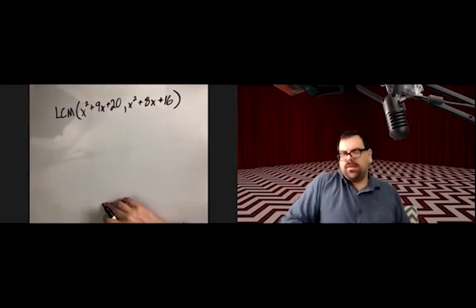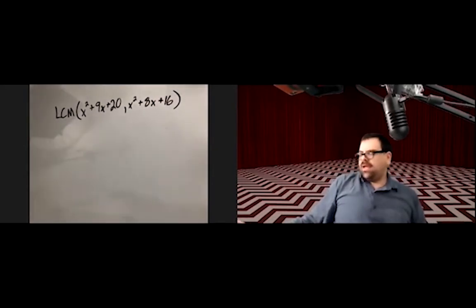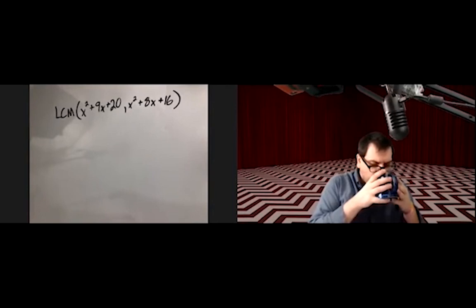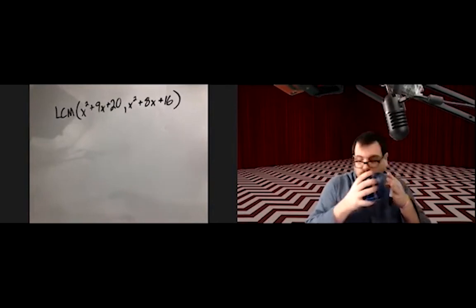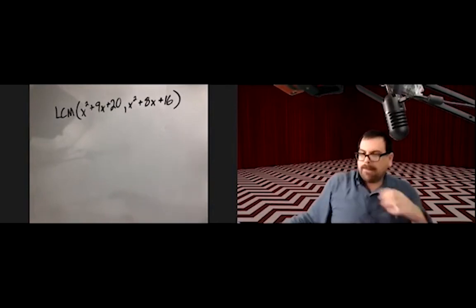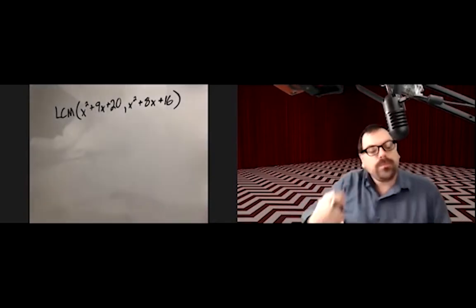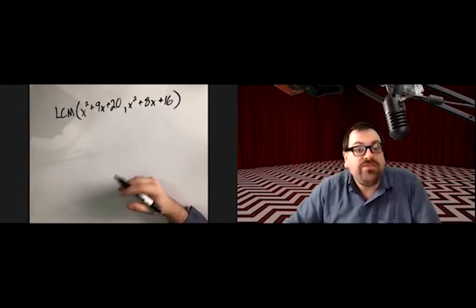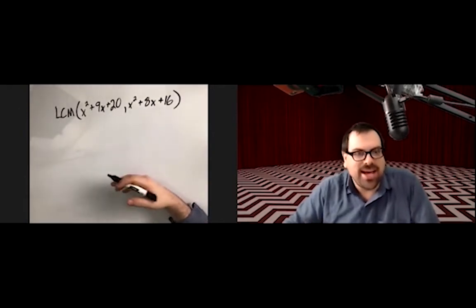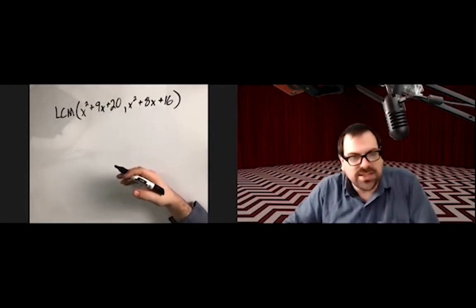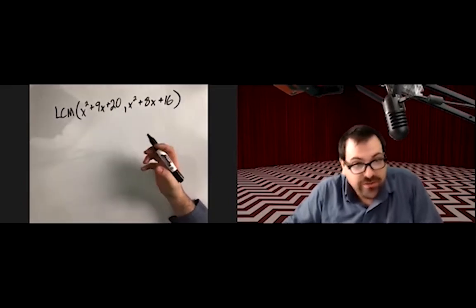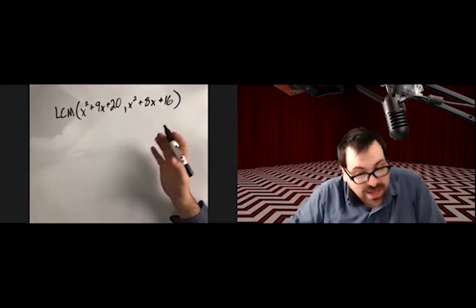Well, up until now, every time we've found a least common multiple, we have looked for every factor we have to the highest power. We don't see factors here. These aren't factored. So we have to factor each of them.